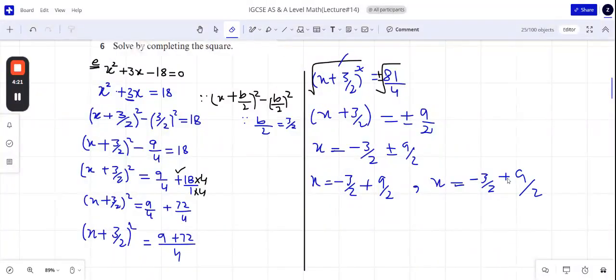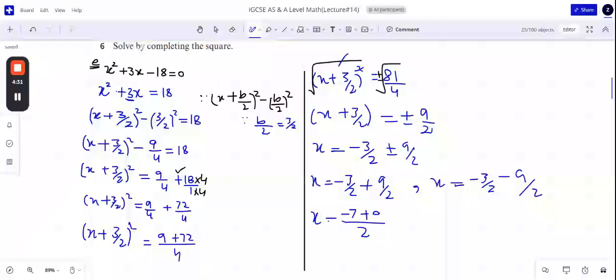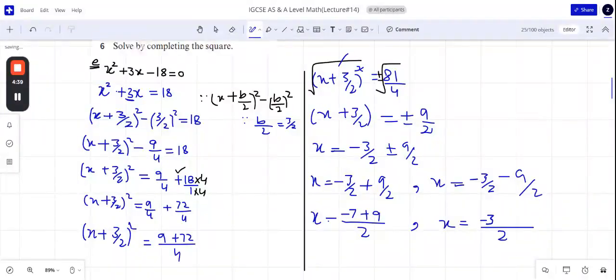Now the denominators are same, so we will take the LCM here of these two fractions. LCM is 2, the top values we will write together when the denominators are same. So here again we will do the same. The denominator we write once and minus 3 minus 9 comes as it is.